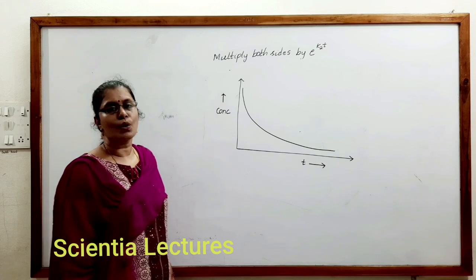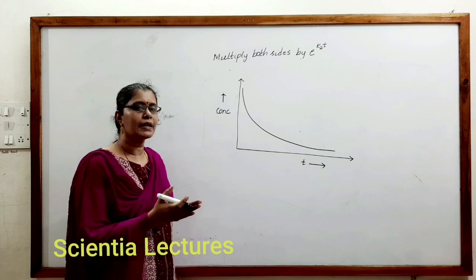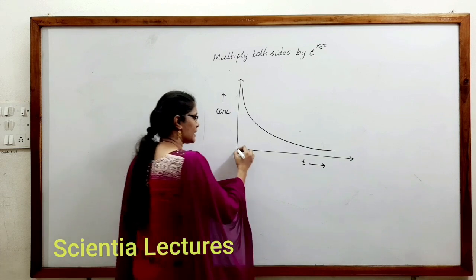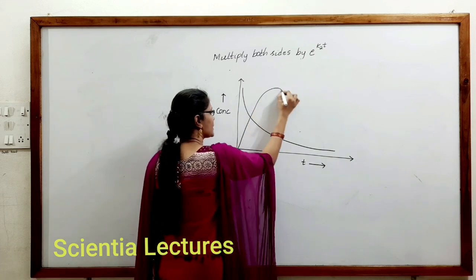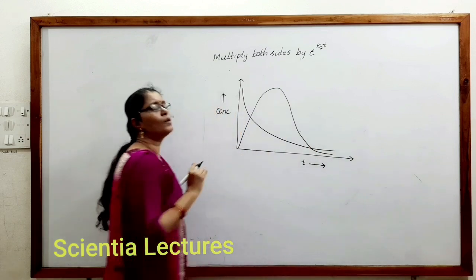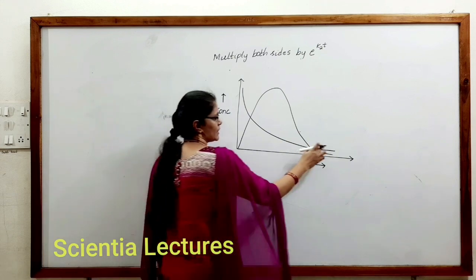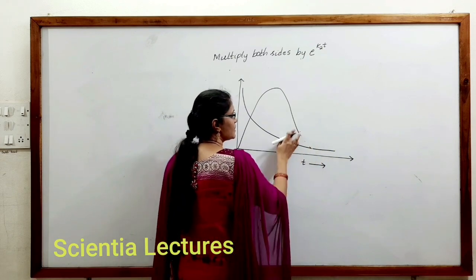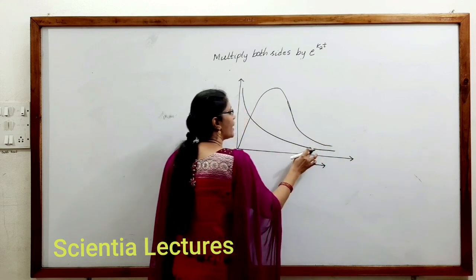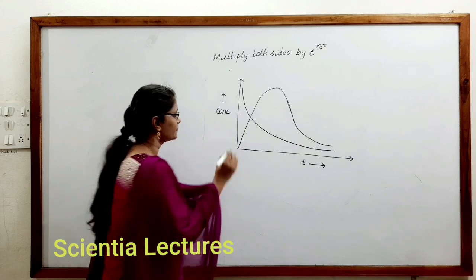Now what happens to the concentration of B with time? At first, from A to B it gets increased. When it gets converted from B to C it gets decreased. So we can say that it increases, reaches a certain maximum and then decreases. Anyway, this could be lower or higher than this. What happens to the concentration of C with respect to time?